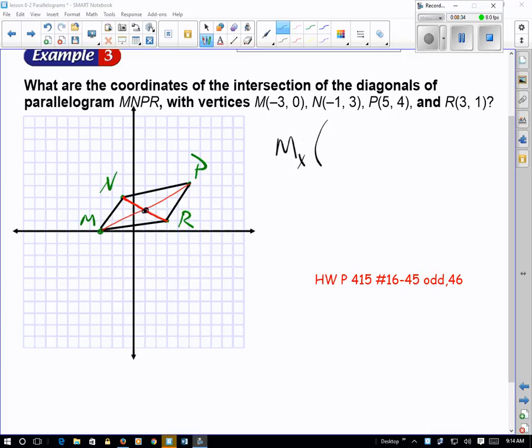if we look at the x's first, we have the average of the two x values. So n is -1 plus 5 divided by 2. So the x midpoint is 4/2 or 2.